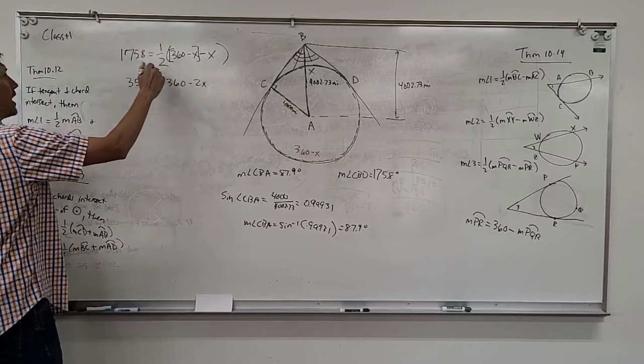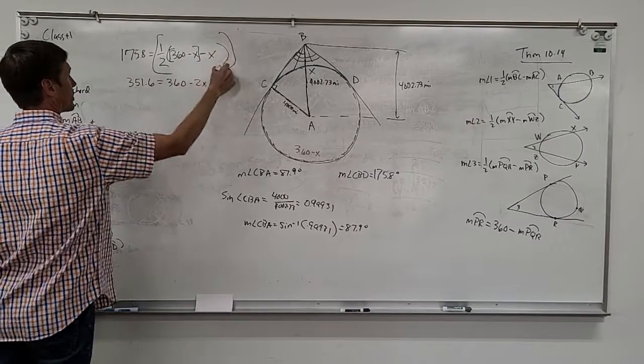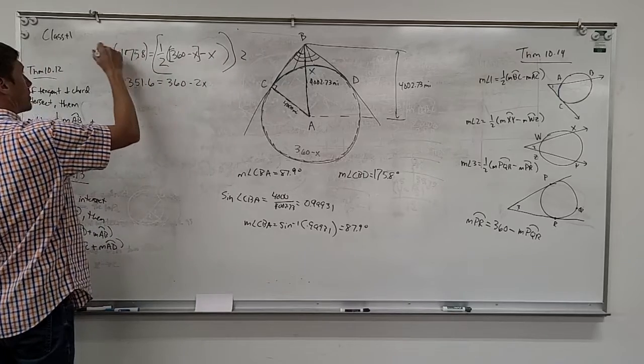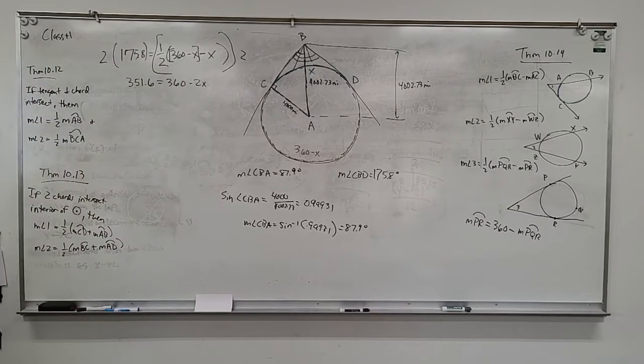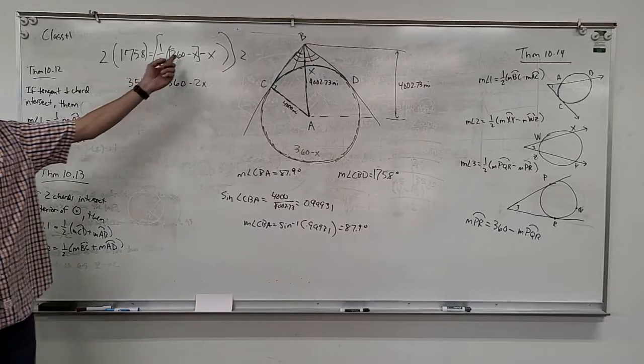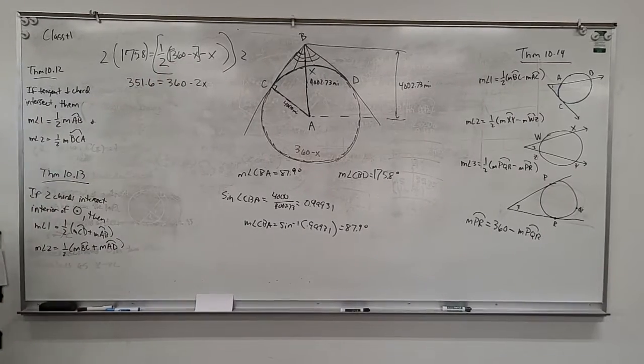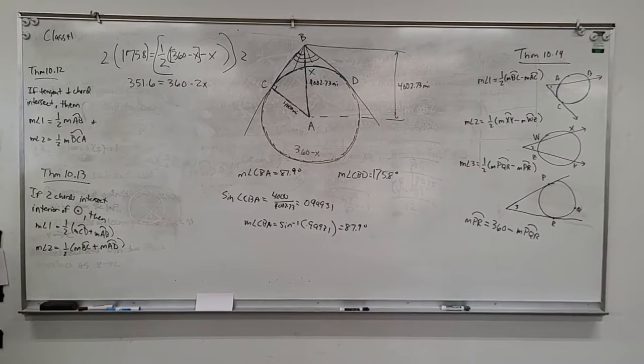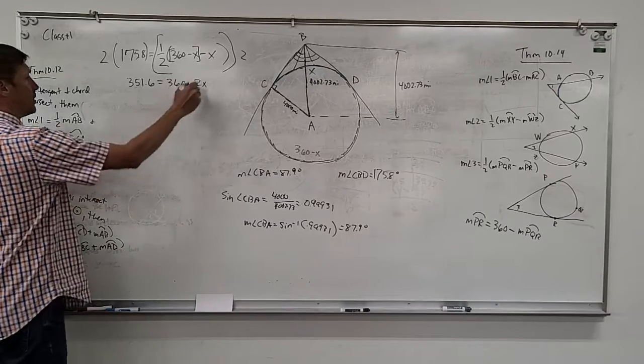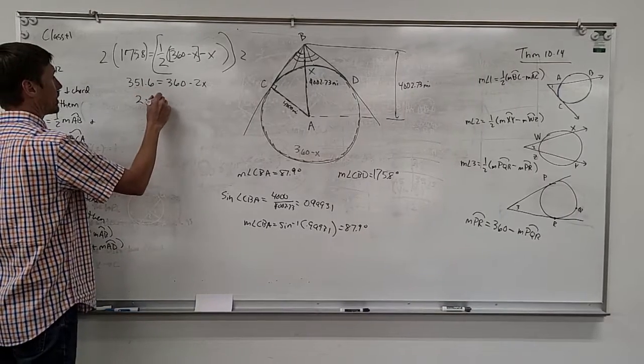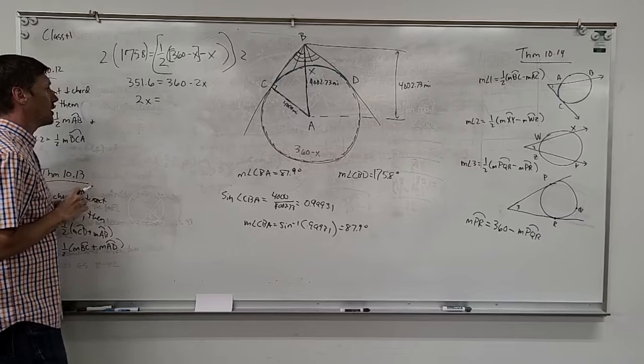I got rid of this 1/2 by multiplying the whole thing times 2. So that gave me 351.6. And I took this minus x and combined it with the other negative x, so I got negative 2x there. So then we'll bring the 2x over to here and say that 2x equals, what's 360 minus 351.6?